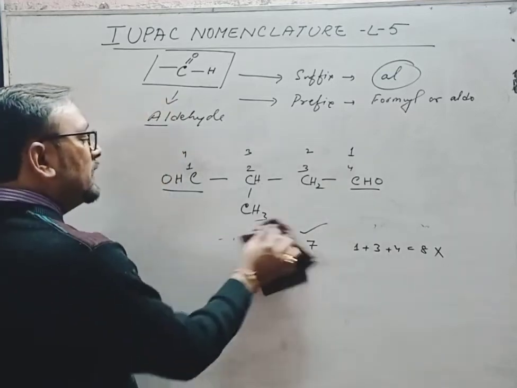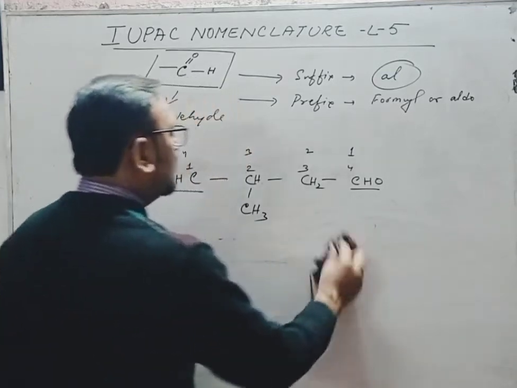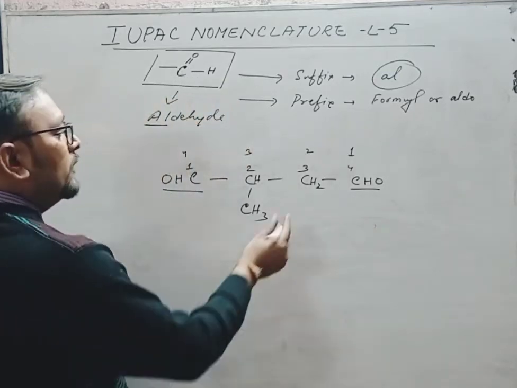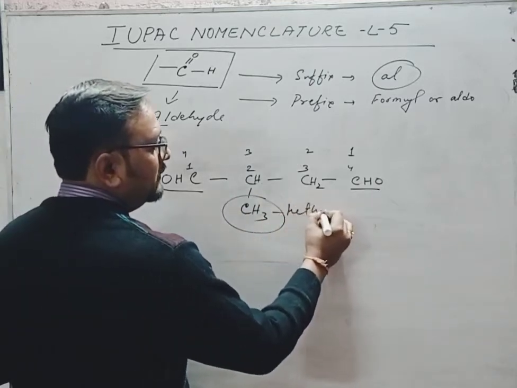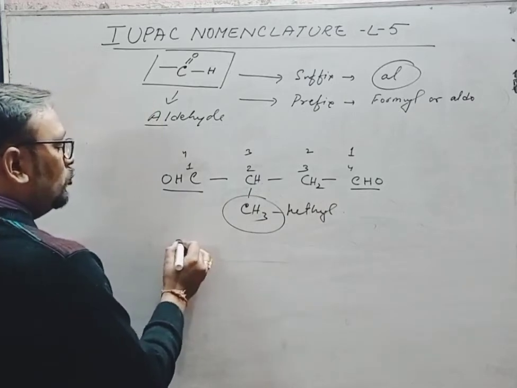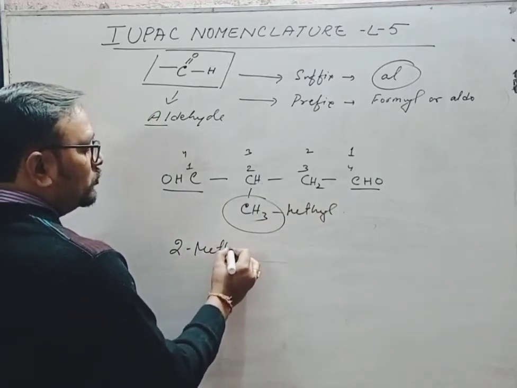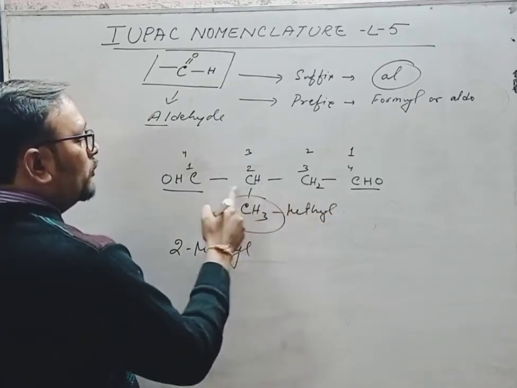Now come to the naming part for this. First we have to name the substituent. What is the name of this substituent? Methyl. So 2-methyl. Meth, eth, prop, but.